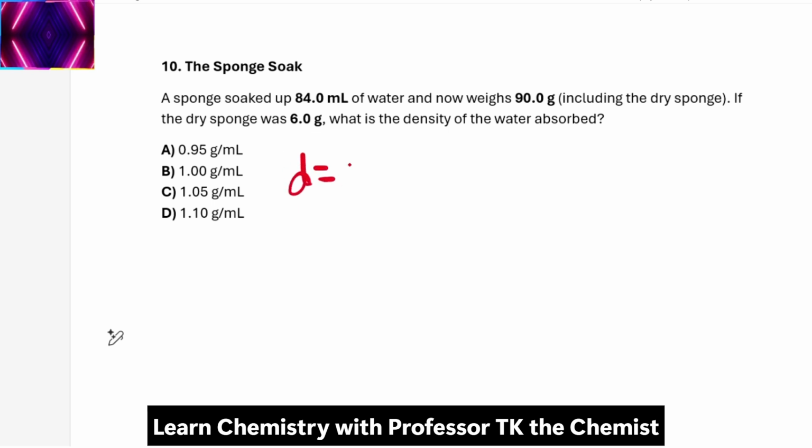Now, you all know this is your formula right here. But here's something they gave you. They told you the volume was 84.0 milliliters. It says the sponge now weighs 90.0 grams, including the dry sponge, if the dry sponge was 6.0 grams. So you need to figure out what the actual mass of this whole sponge situation is.